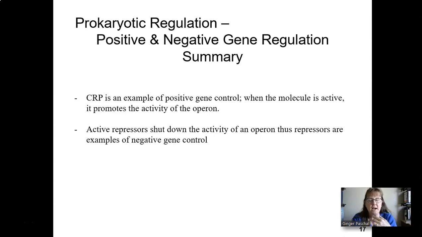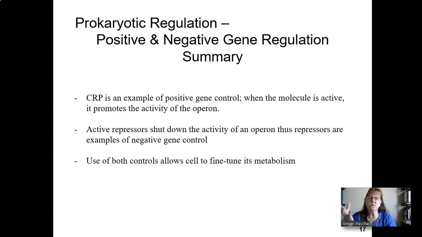When we were talking about lac operons and trp operons, those are examples of negative gene regulation. If we take these two in combination with each other, both the positive gene regulation and the negative gene regulation, the organism can then fine-tune its metabolism as it needs to survive.